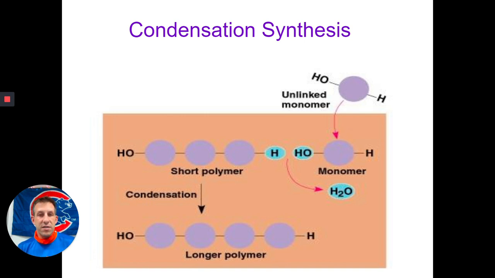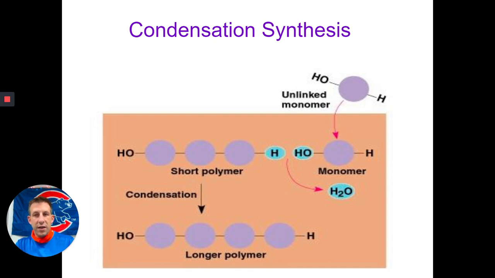And that's something that's going to come into play when we start to look at how we build some of these big macromolecules that we're going to talk about specifically, like proteins and lipids and things of that nature. You're going to see this process play out over and over and over again in the notes that we follow up in the next two videos. Okay?